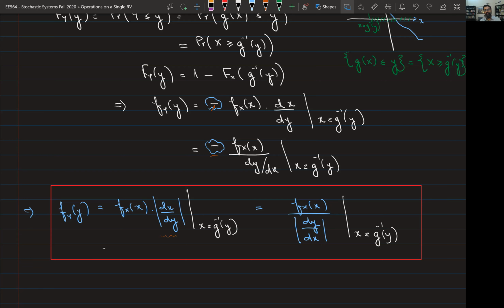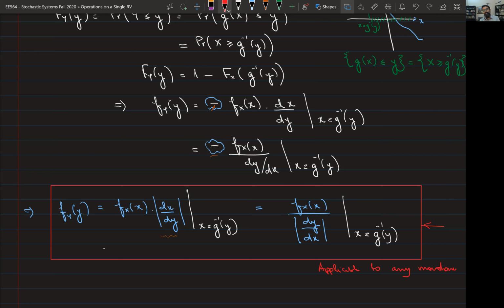What we're going to do next is the most general form you can imagine. We had monotonically increasing functions, then monotonically decreasing functions, and then we generalized that in this expression, which is applicable to any monotone, regardless of whether it's increasing or decreasing.